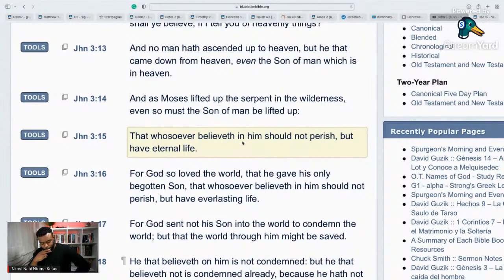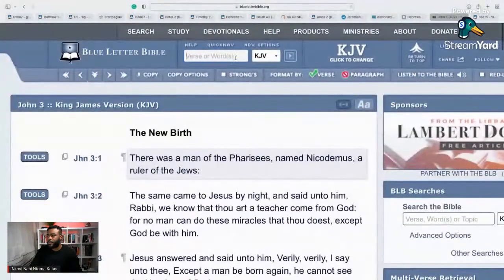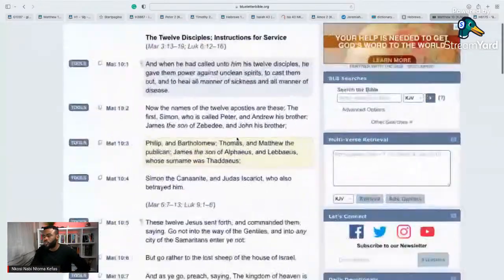Now, later on, Yissayah sends his disciples, right? In Matthew 10, he sends his disciples to go and preach the gospel, the good news.